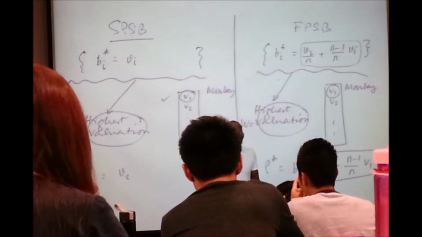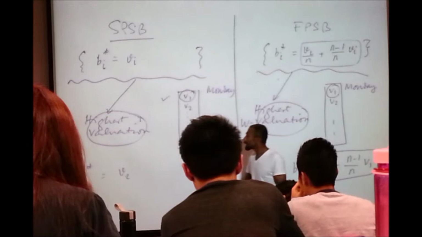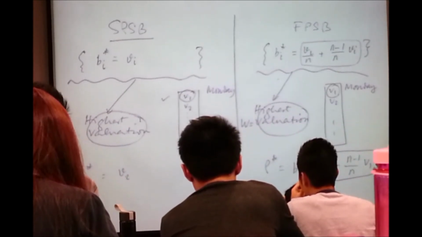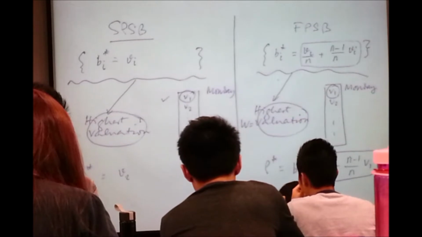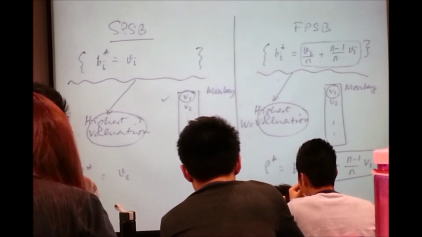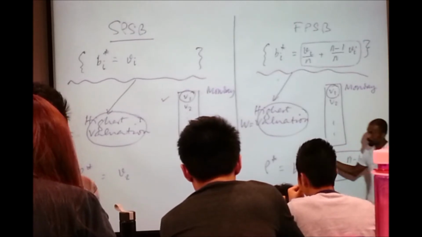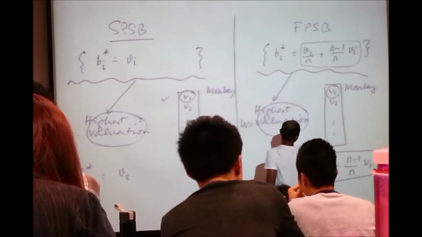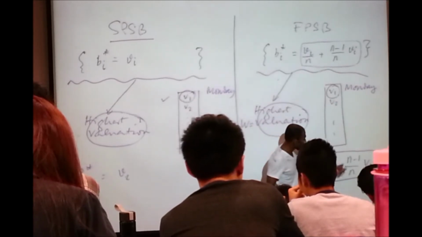The idea is you can't tell. There's no way to compare. This term does not even appear in this formula. How do I compare? The answer is I don't know. Either b2 could be higher, depending on what b2 is, or the other could be higher, depending on what b1 is.